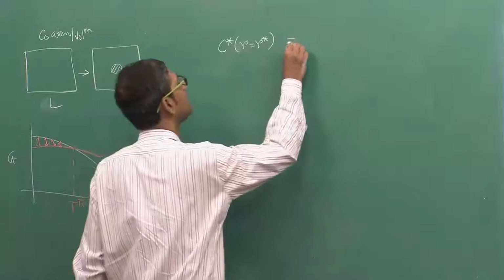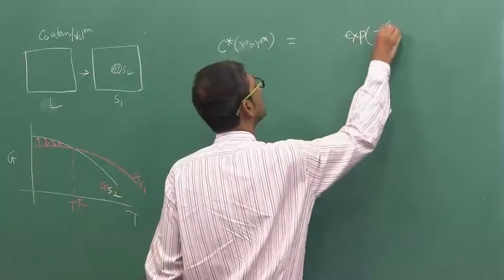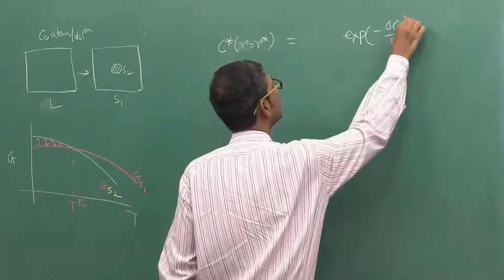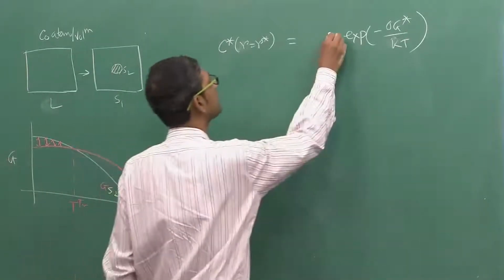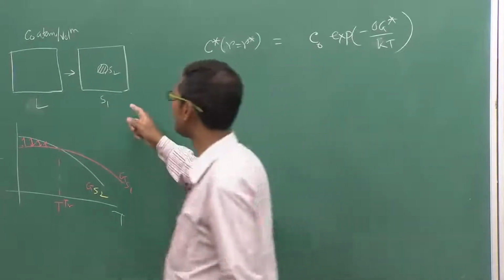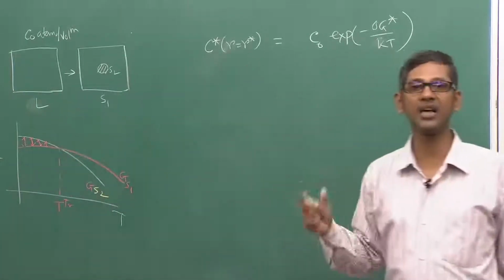That probability must be proportional to that, but it must also be proportional to C0, because the initial number of atoms are the ones which will start the reactions.